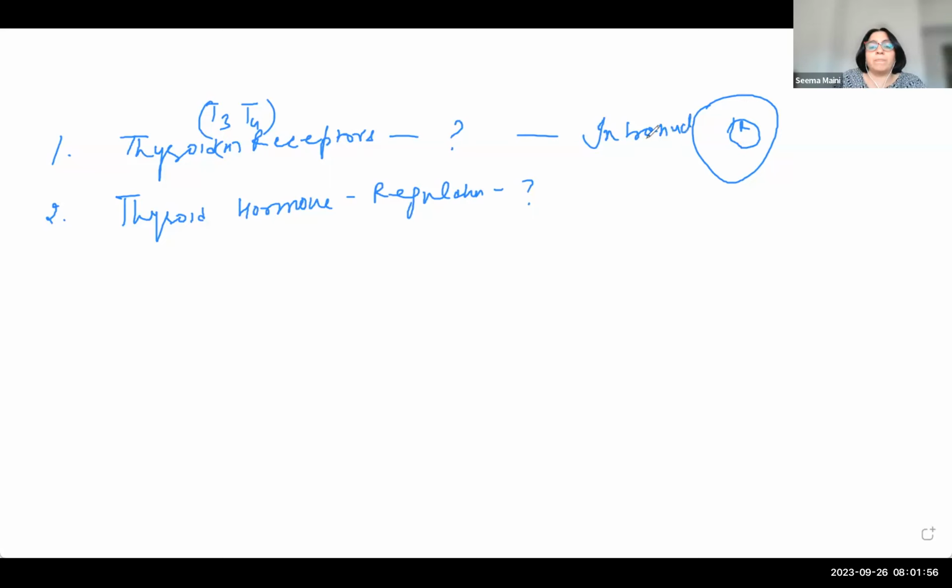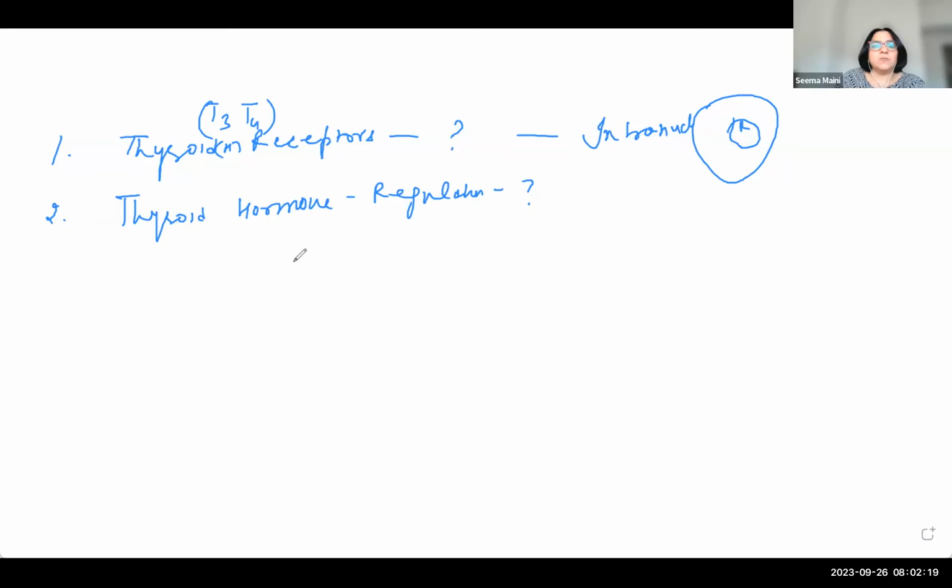Okay. And how is thyroid hormone secretion regulated? One of you can even annotate for me on the whiteboard.